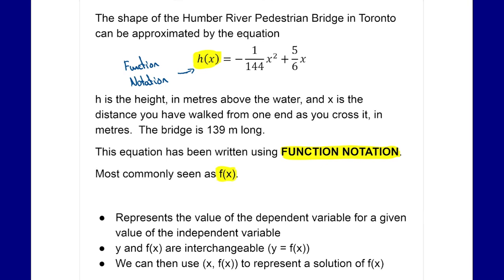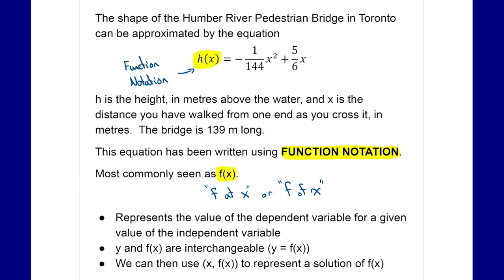And there's different ways we could describe this. We could say f at x, or we could say f of x. Two different ways we could represent or pronounce it.